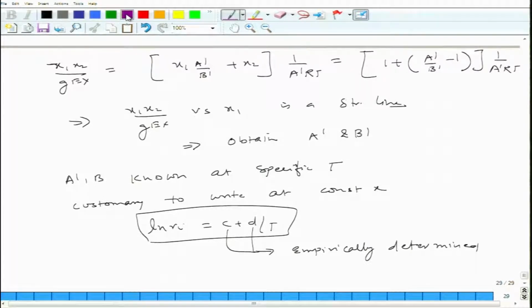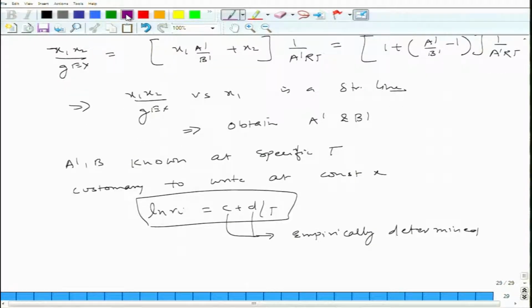Usually when you see this kind of expression, if C is equal to 0, this also indicates the solution is regular. This is something which I am going to spend the last few lectures on. Solution is regular, which essentially means the excess entropy S is 0.